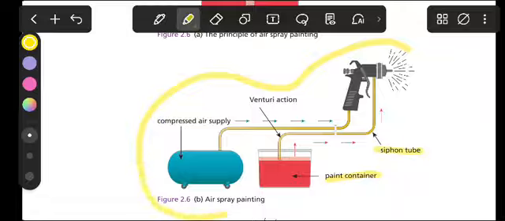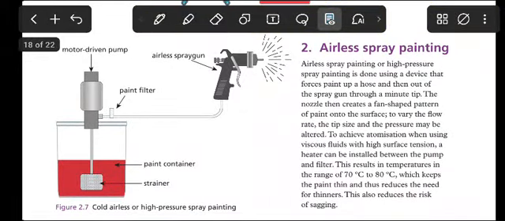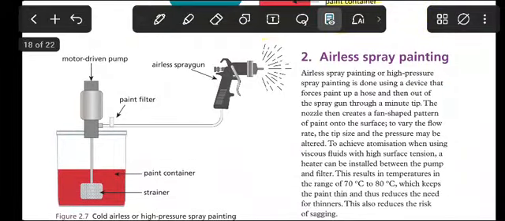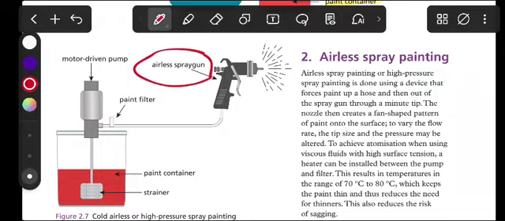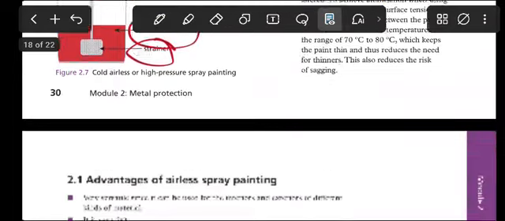You can screenshot this. You'll see how you go about drawing these things and how you'll remember. You can draw this structure here. You see the paint filter, the strainer, and your spraying gun. So that is how it goes.